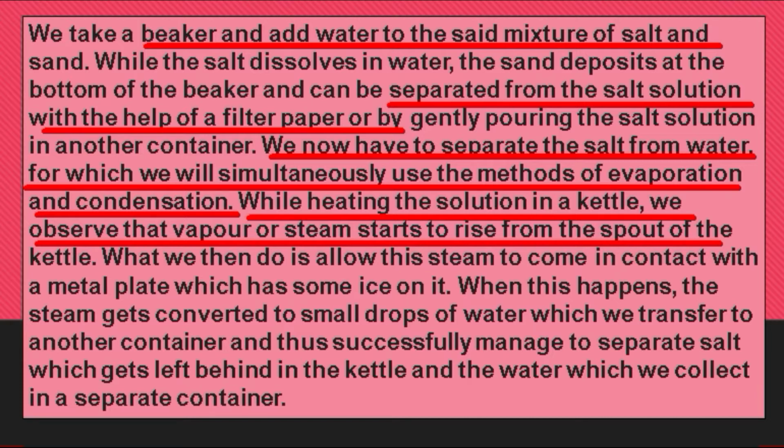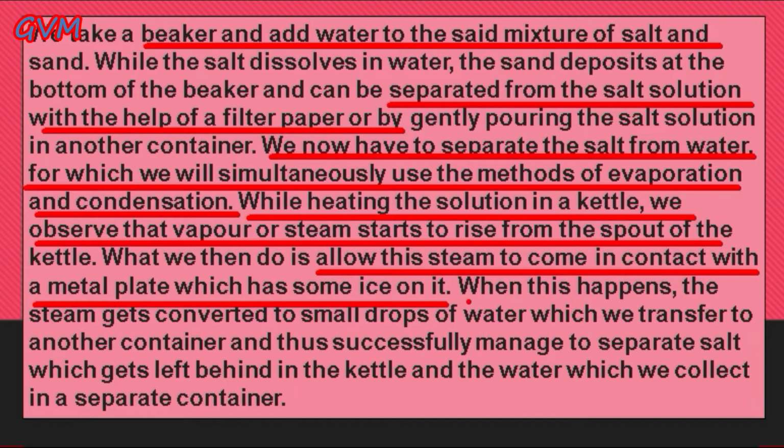Then students, once the vapor or steam starts to rise, you have to just allow this steam or vapor to come in contact with a metal plate which has some ice on it.